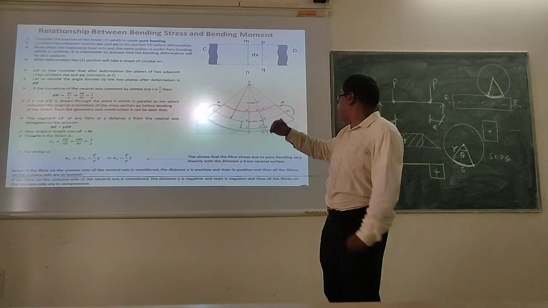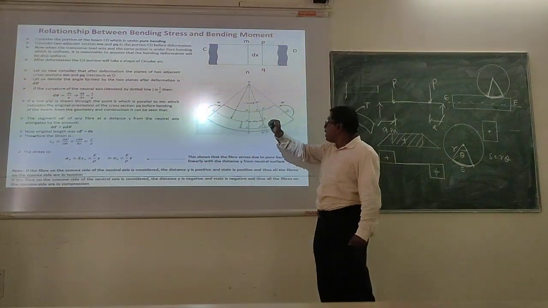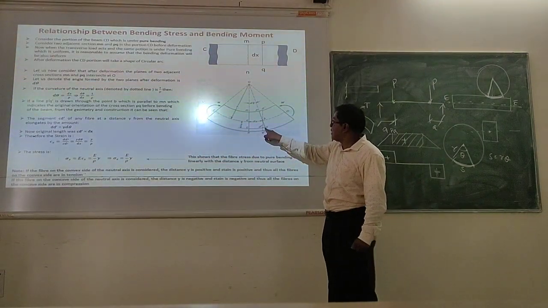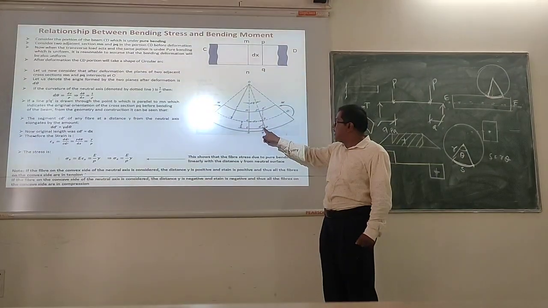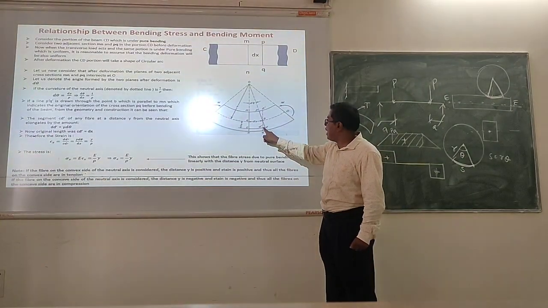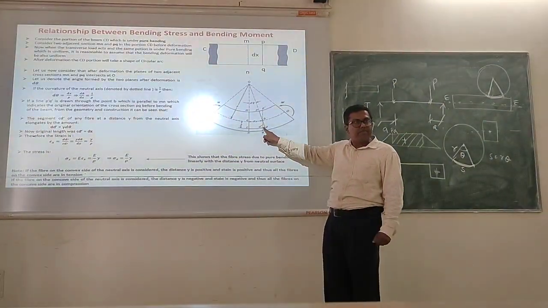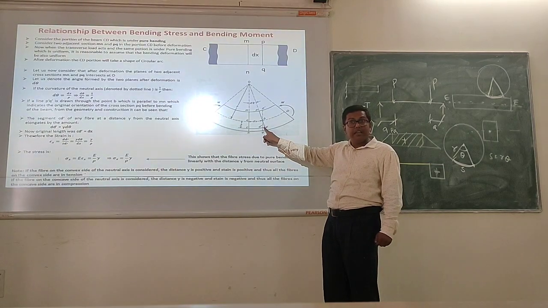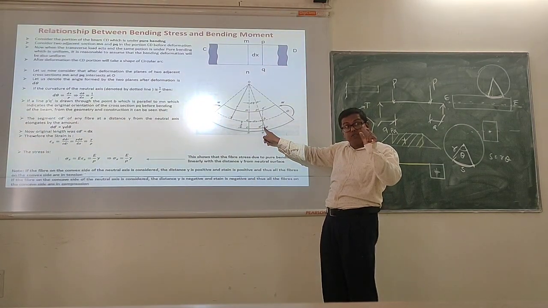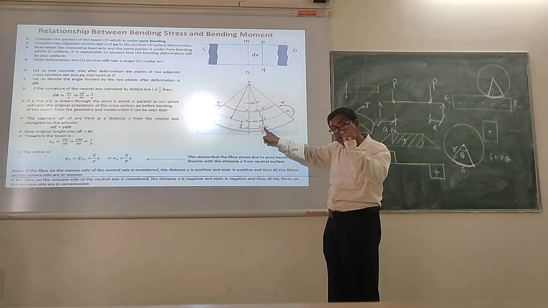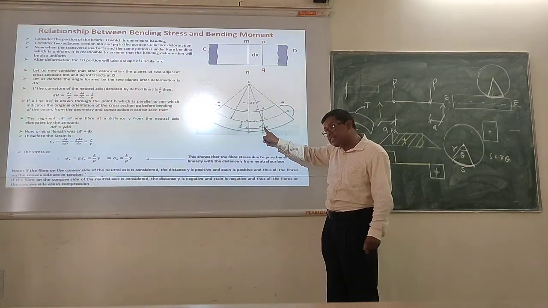So any point in the beam section, if you want to find out, we are considering a point, let's say this D point. So this D dash, you see, D dash is the extension. And here whatever symbols we are using, those are very, very important. Okay. So D dash is the extension.